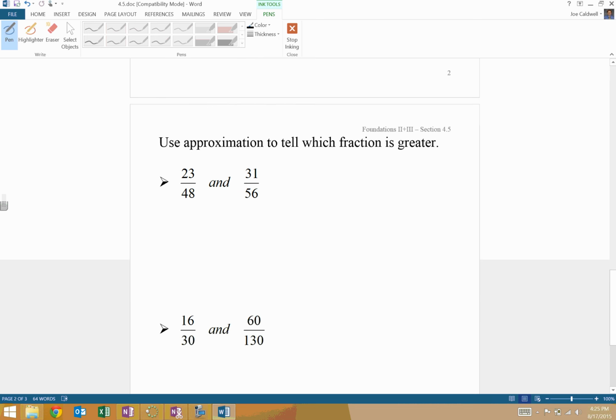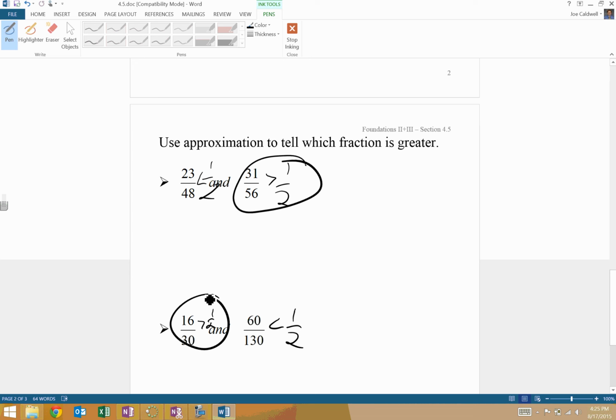You get the idea. If I double 23, I'd only get to 48. That means this is not halfway there, less than 1/2. 31, if I doubled that, I'd get 62. So that's well over 1/2. So that is a bigger fraction. Same thing here. Over 1/2, less than 1/2.